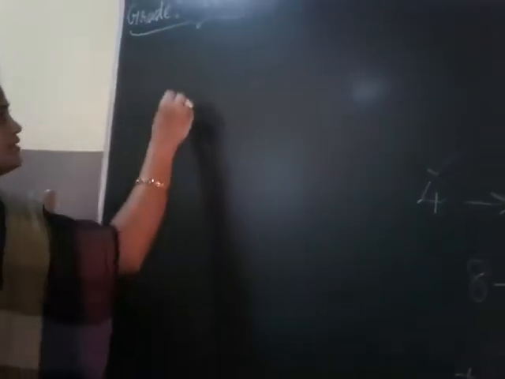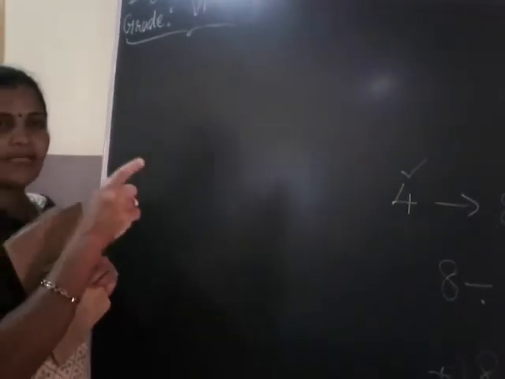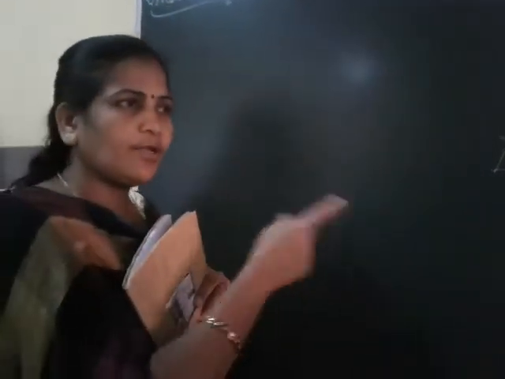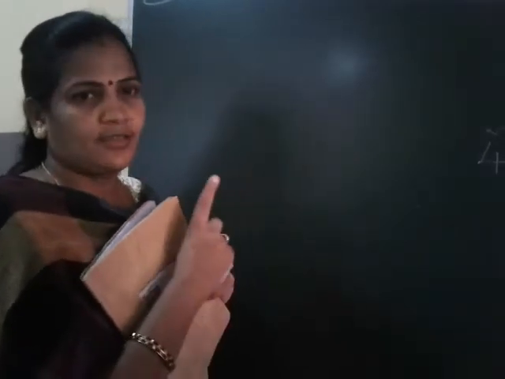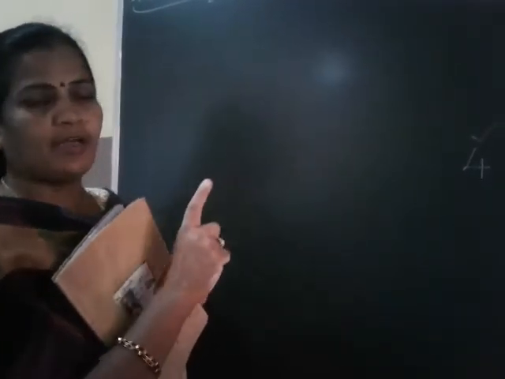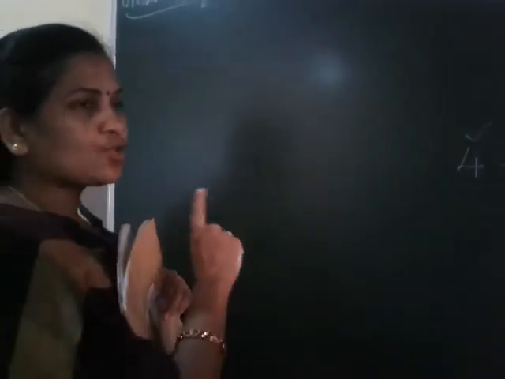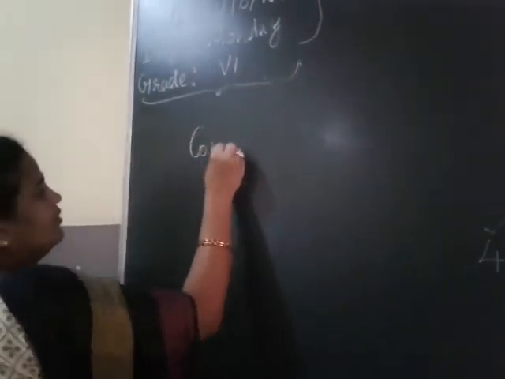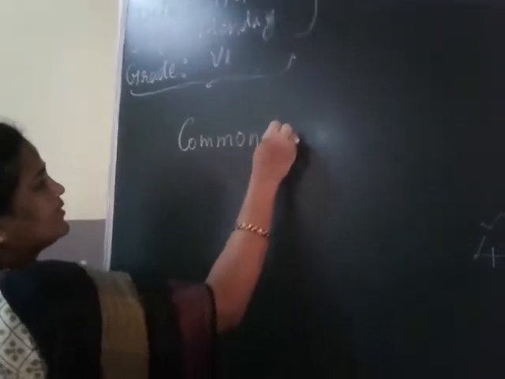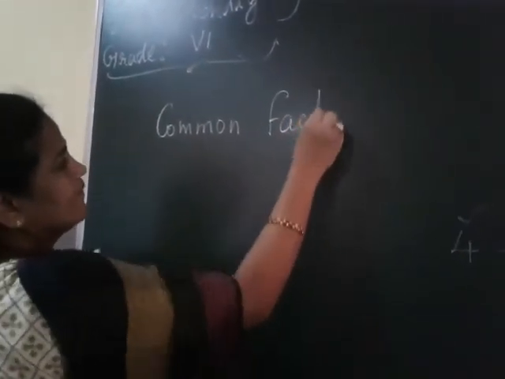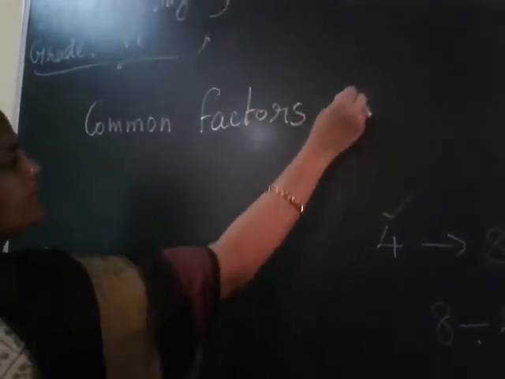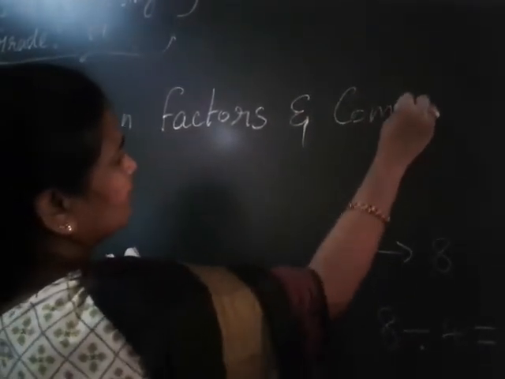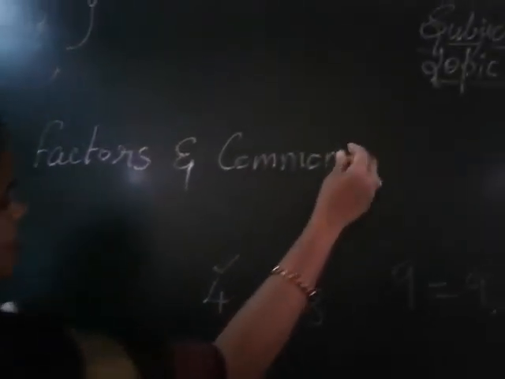Common means that if you are comparing two things, you find what comes in both of them. Common means it has to come in both. Today's topic is common factors and common multiples. Correct children?